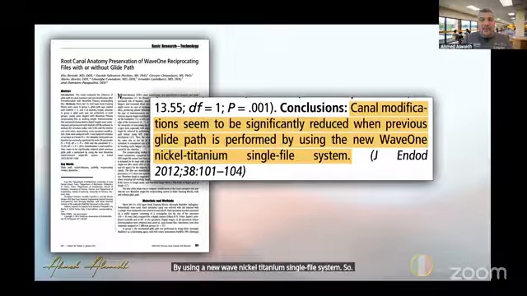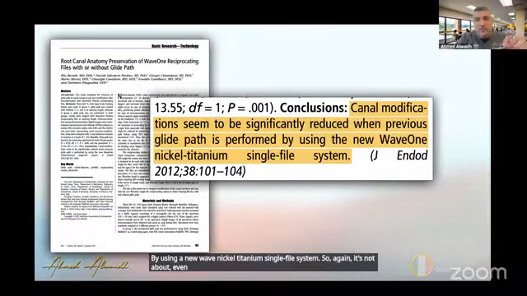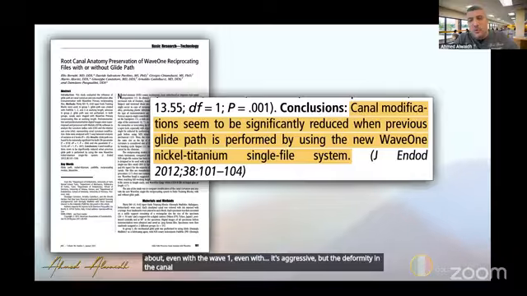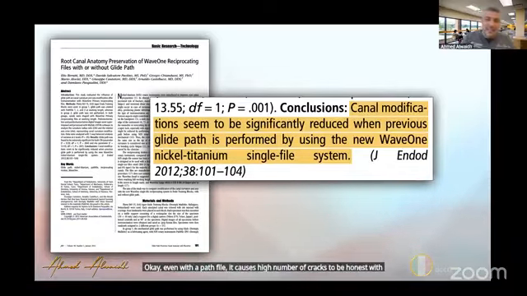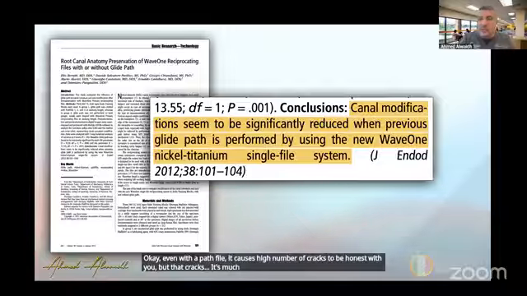So again, even with Wave 1, even though it's aggressive, the deformity in the canal and crack generation will happen more if you use it as a single file without the glide path file. Even with the glide path file, it causes a high number of cracks, to be honest with you, but those cracks are much less than using these files alone without any glide path file.